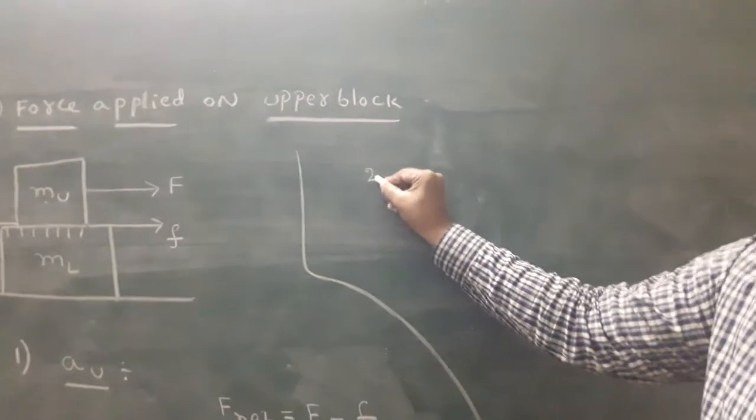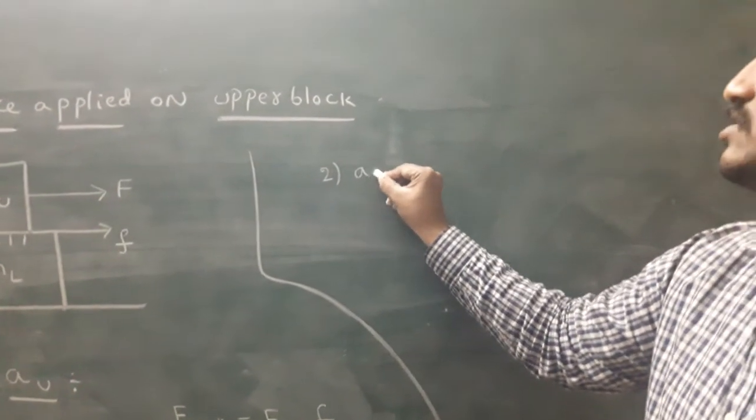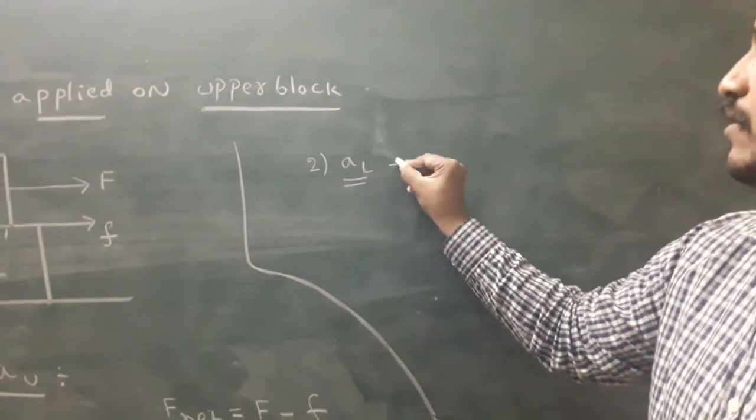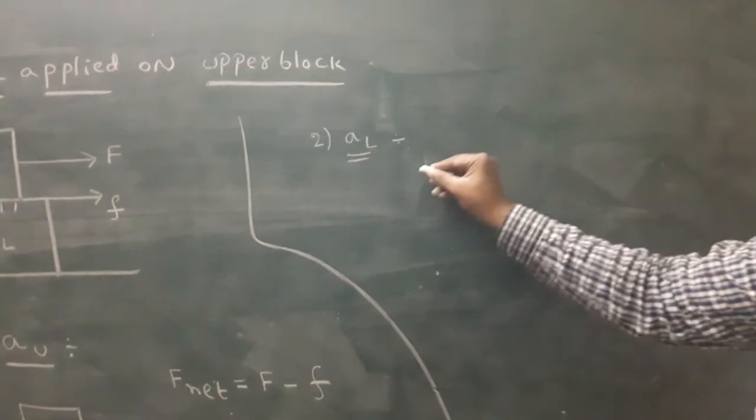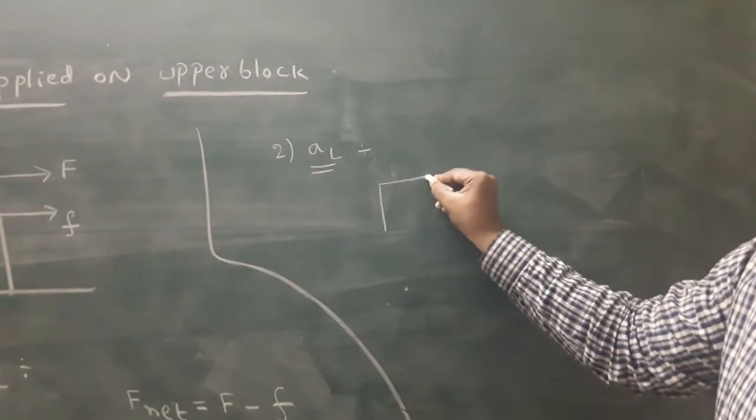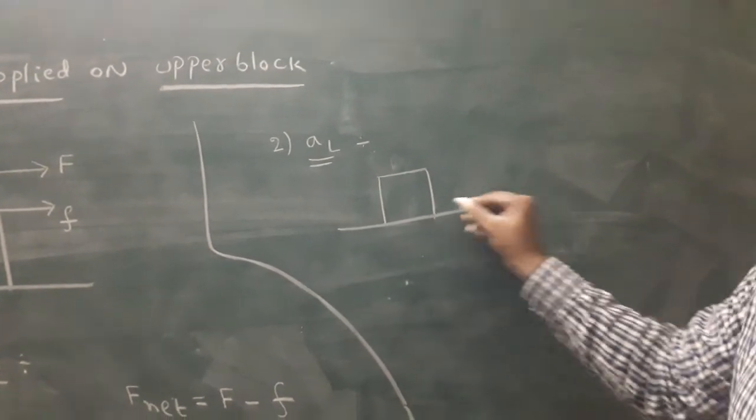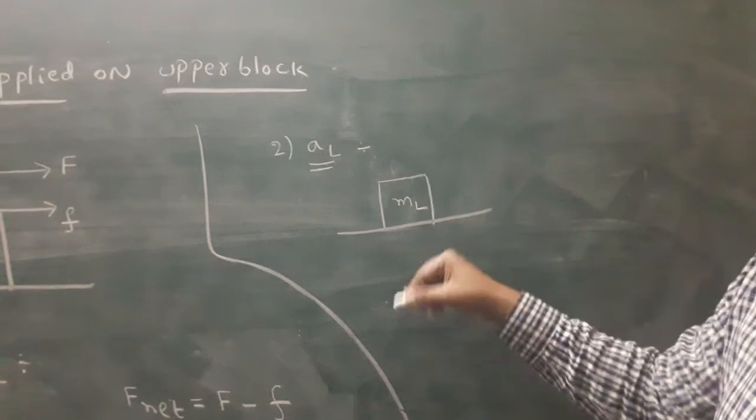The next question is to determine the acceleration of the lower block. Please check. This is the lower block. What is the mass of the lower block? ml.